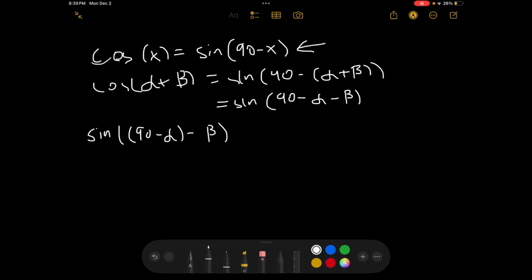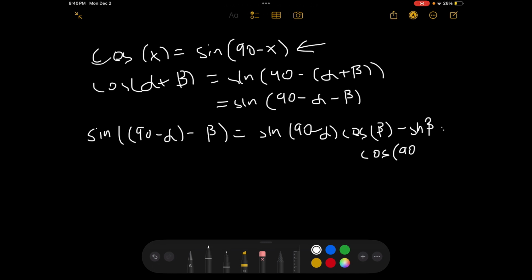So this is just equal to sine of 90 minus alpha times cosine of beta, and then minus sine of beta times, running out of space here, cosine of 90 minus alpha.